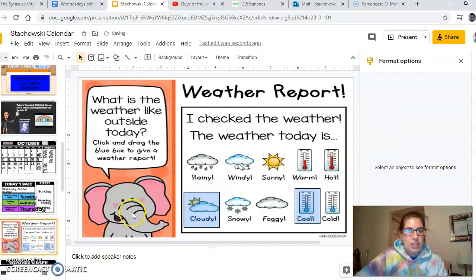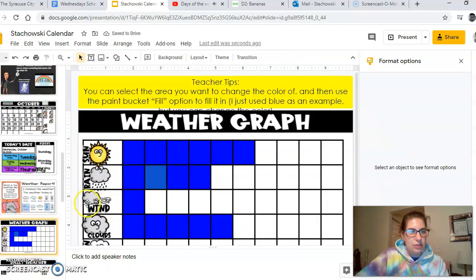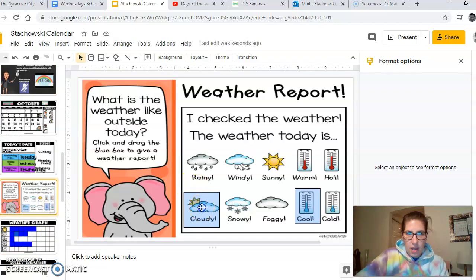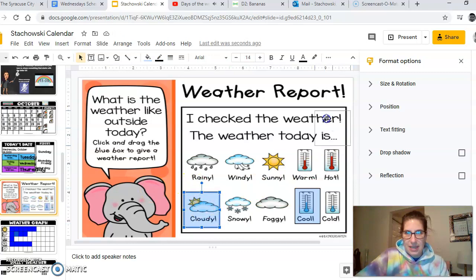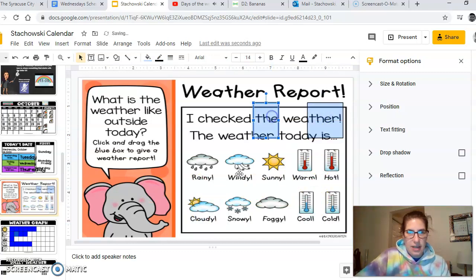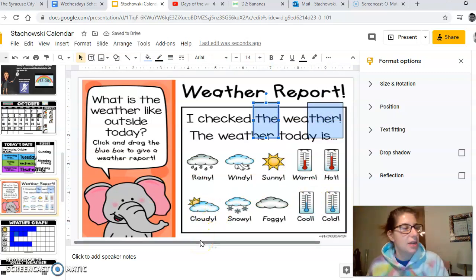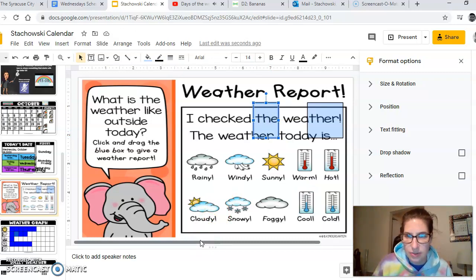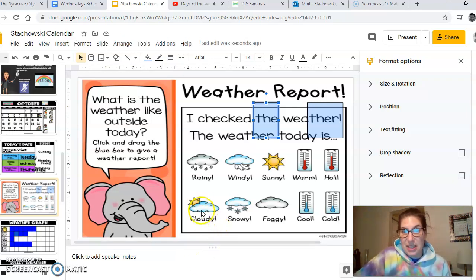Yay! So our weather report outside. I do believe if I'm looking outside right now, so everybody look outside your window right now. What does it look like to you outside? What's it doing? Well, did you say that it's cloudy? Because it's a little bit cloudy.